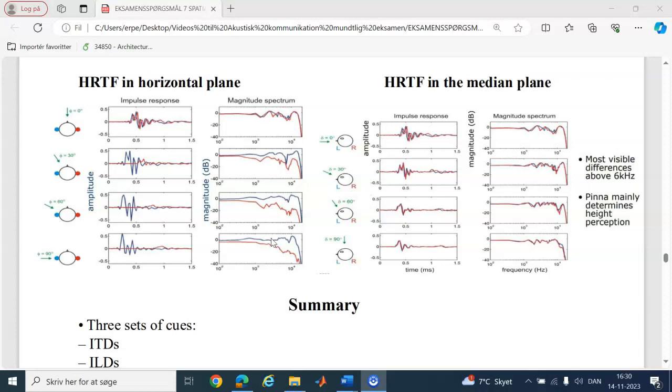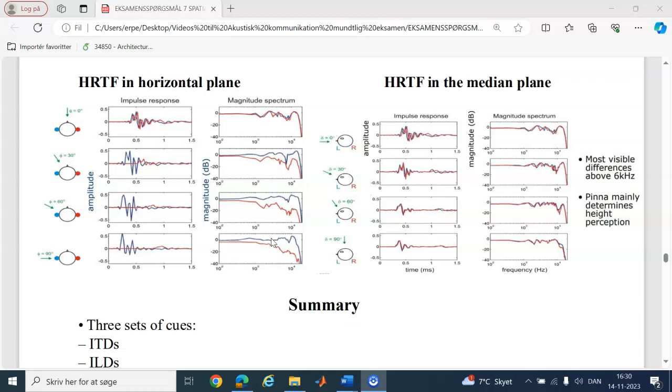We look at that and see the difference, what happens with the ITDs and ILDs, in the horizontal plane and in the median plane. There is no difference in the impulse response in amplitude.